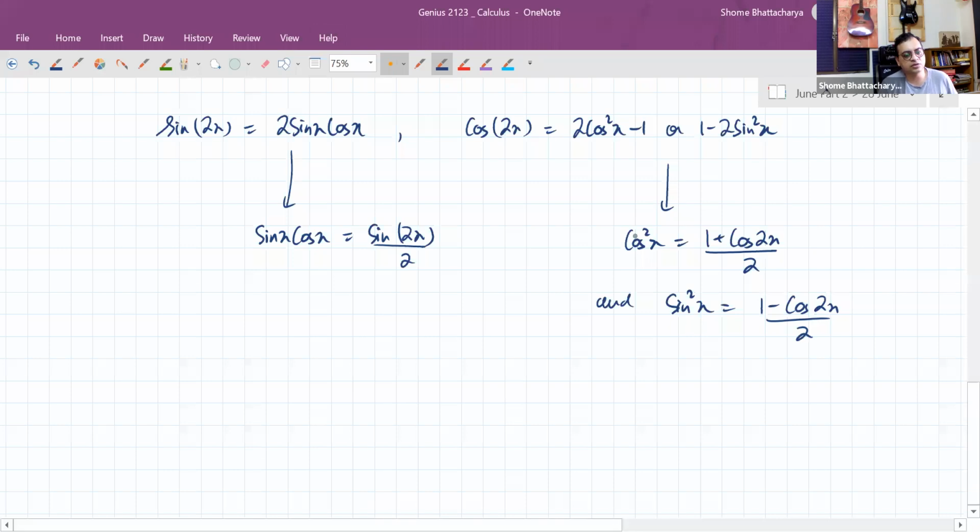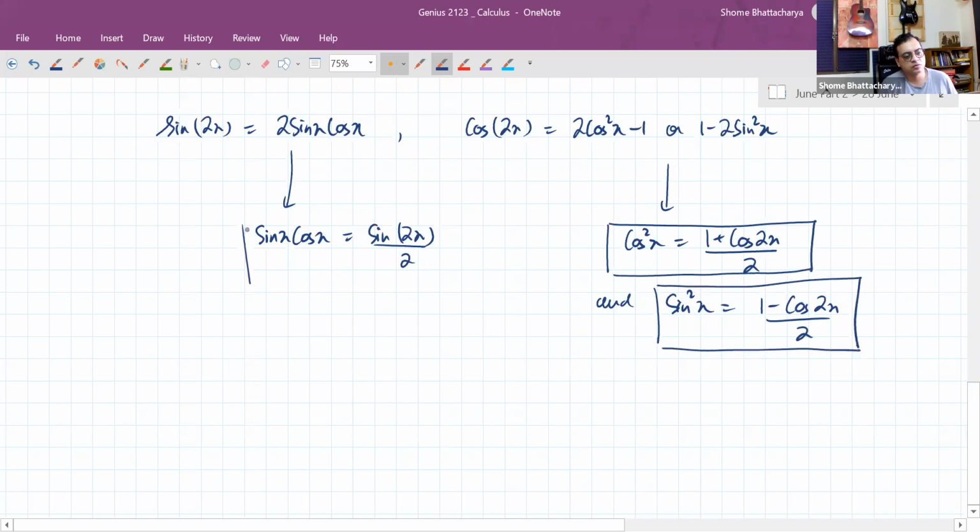So these identities on their own become very important because they can be used in integration now. So we'll see how to use them in integration next.